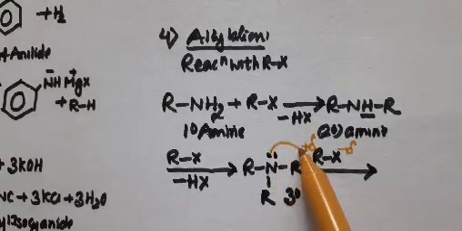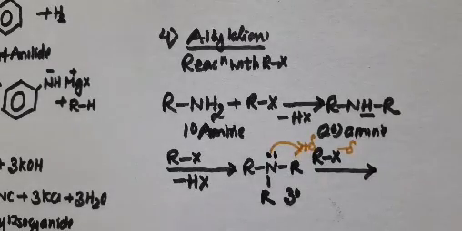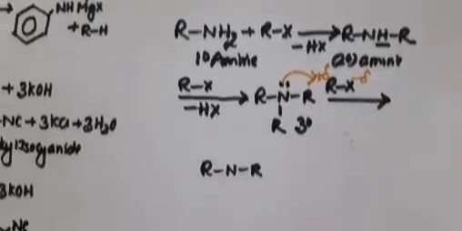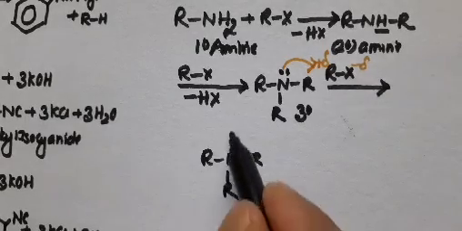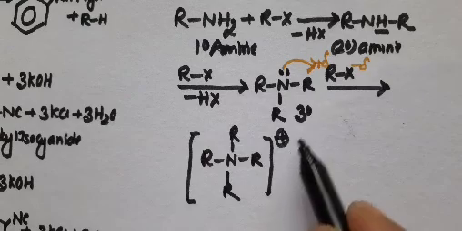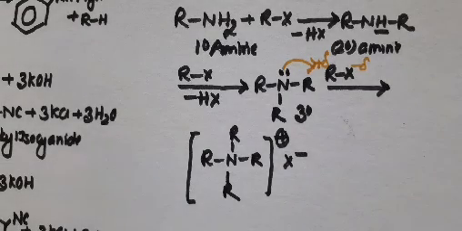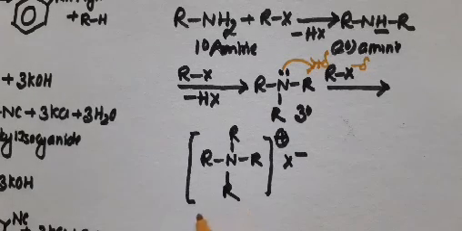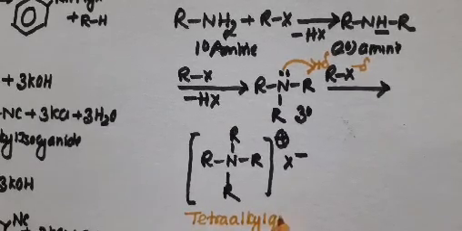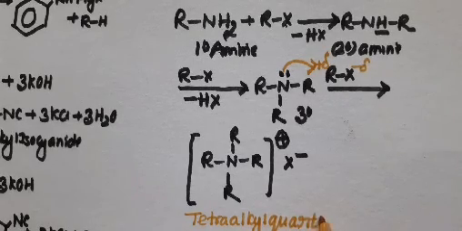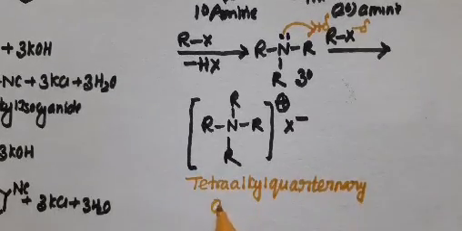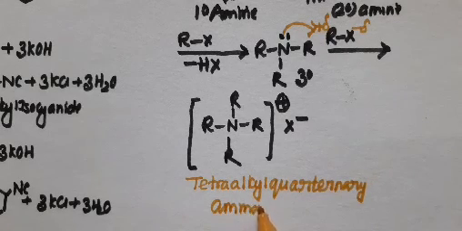So this lone pair of electrons shifts onto the alkyl part of the haloalkane, and it results in the formation of R4N plus X minus. Nitrogen forms 4 bonds, so it acquires a positive charge, and its name is tetraalkyl quaternary ammonium halide.